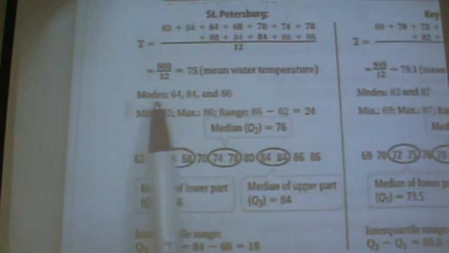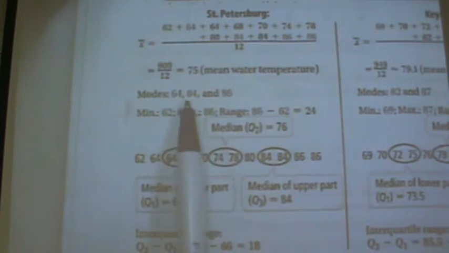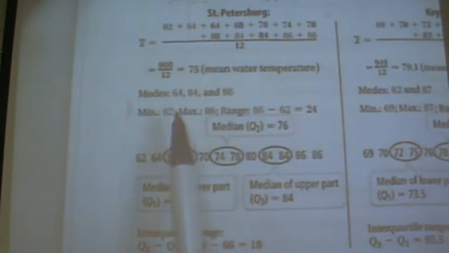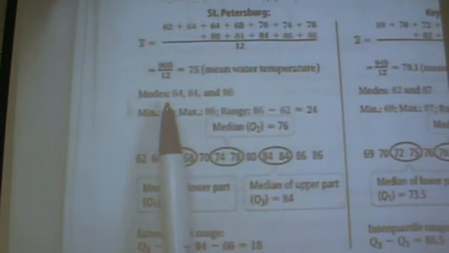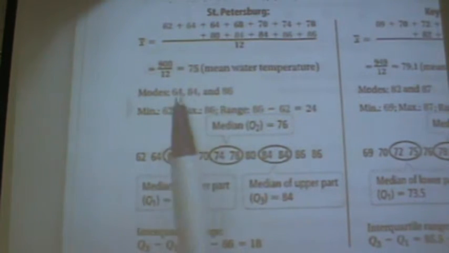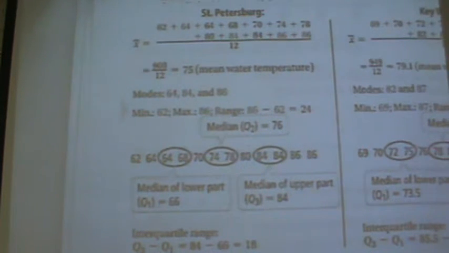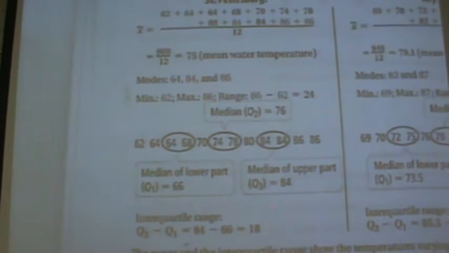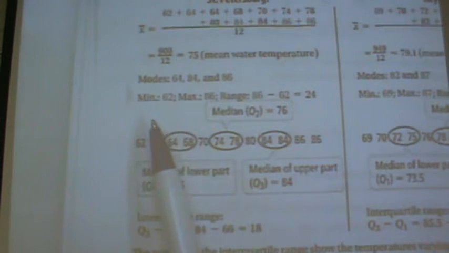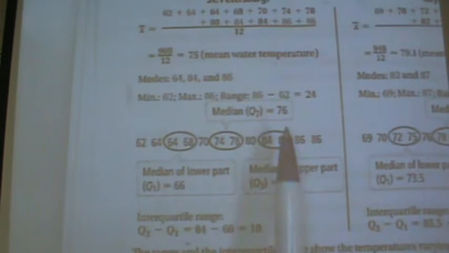I would consider this mode very unuseful because there are 3 of them. After 2, we say it's bimodal, but the best case scenario is having 1 mode. So this one has 3 modes. We're going to list them, but statistically, they say it's unuseful. Okay, the middle number is 76.